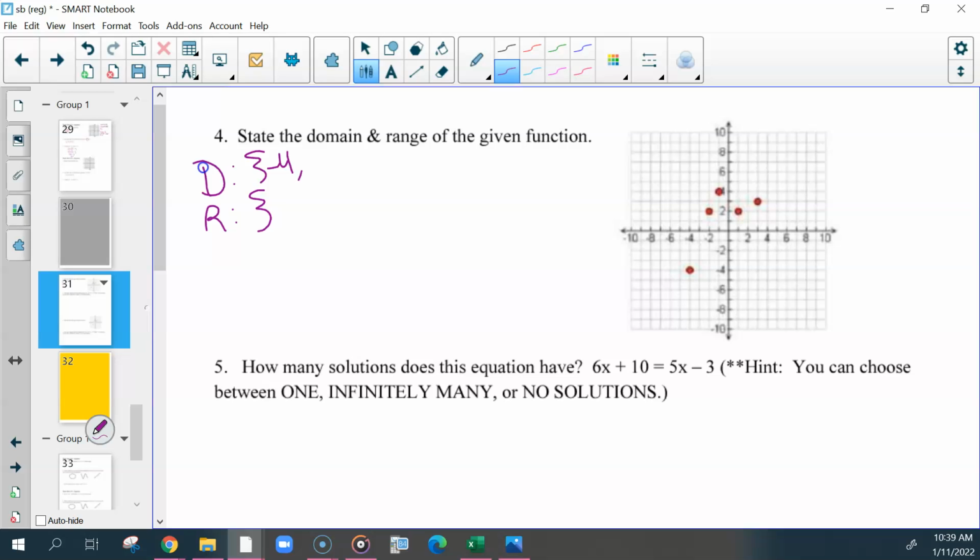So -2, -1, 1, and then 3. And for our range, we're looking at our lowest to highest. So lowest would be -4. And then there are 2 at 2, but we just need to put 1. And then 3, and then 4.